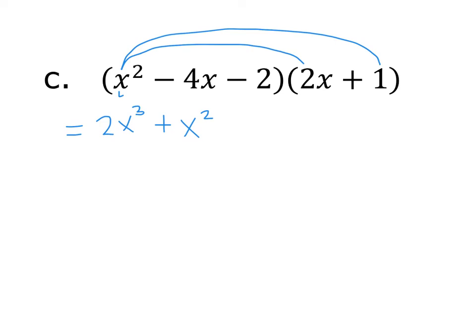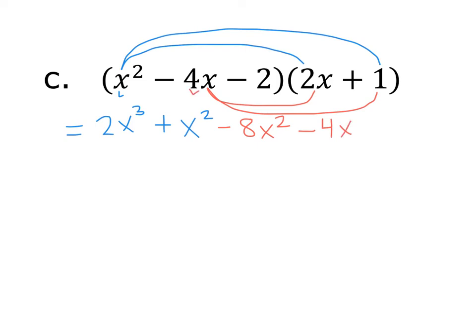So now we're going to multiply negative 4x times 2x, and negative 4x times the 1. So negative 4x times 2x is a negative 8, x times x, which is x squared, and then negative 4x times a positive 1 is just negative 4x.